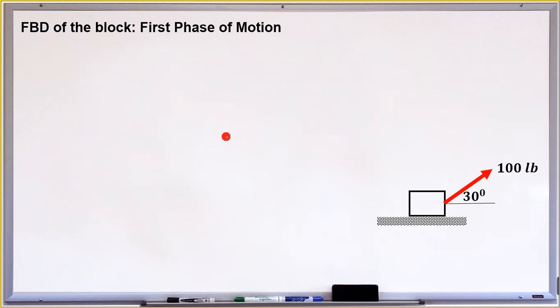So there are two phases of motion here. First is its travel of 80 feet. The second one is the removal of that 100-pound force. So we will analyze the first phase of motion so that we can solve for its velocity after traveling 80 feet. So this is our object.